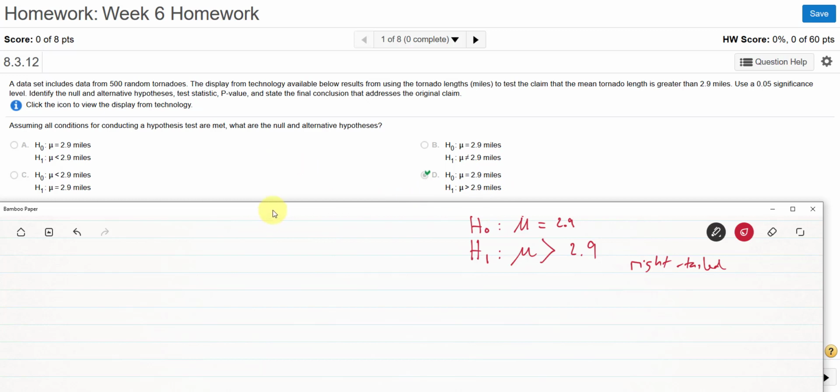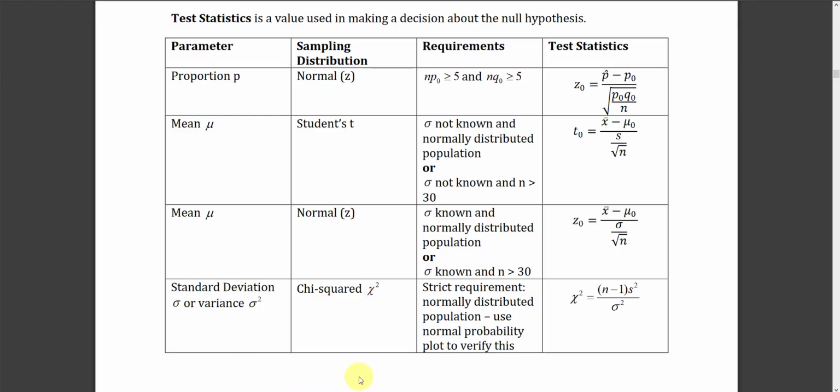The next thing is we are looking to find the test statistic. So how do I find it? Well, in this case, we are not given any value for the standard deviation. So the standard deviation is not given or unknown. If your standard deviation is unknown, then we have to use the student t distribution.